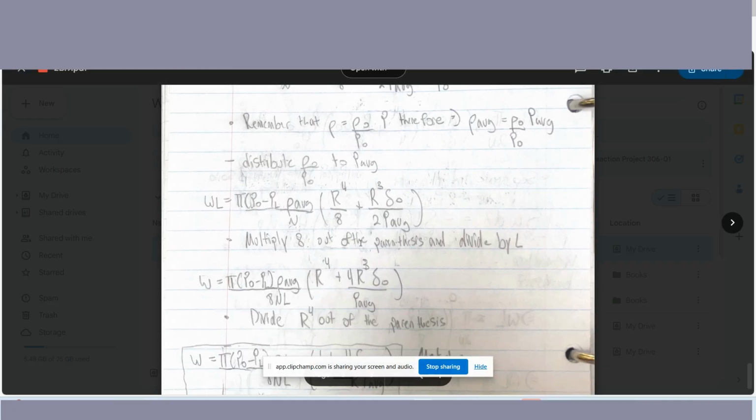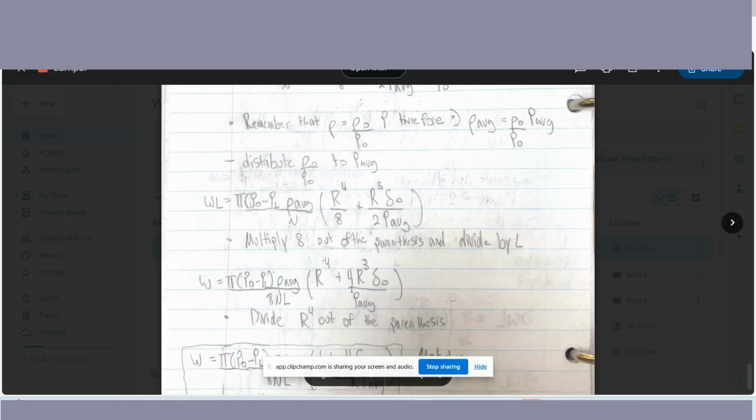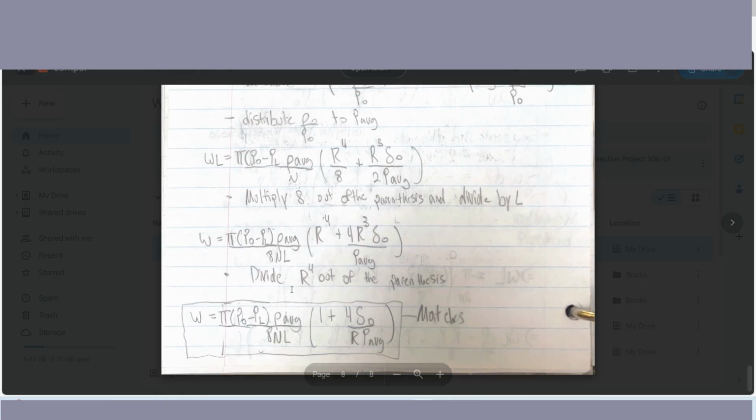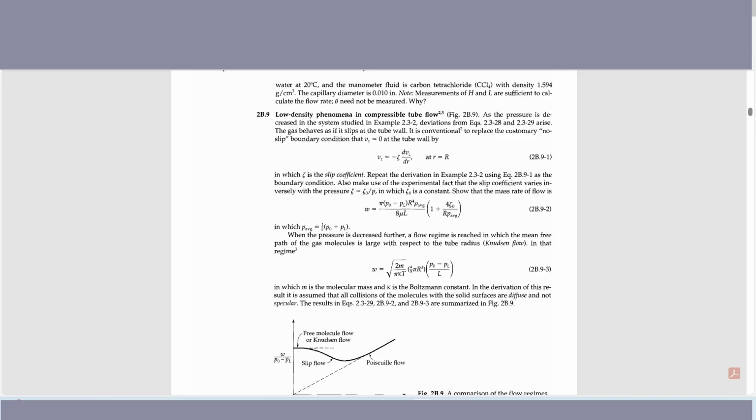And then we're just multiplying 8 out of the parentheses and divided by L. And that's just to match this formula here. There's the 8 on this side of the equation and not the other side. Now we're going to divide r to the 4th out of the parentheses, and that's again just to match this equation here.